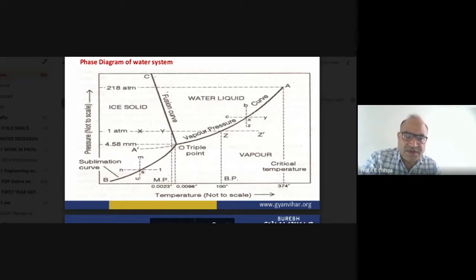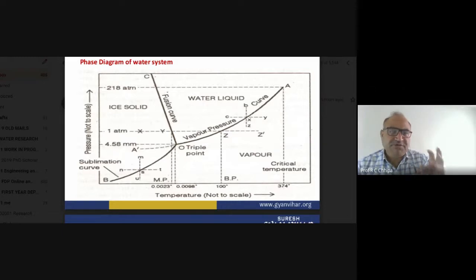All of you can see the 4.58 millimeter of mercury is the pressure, and the temperature is about 0. What about the boiling point? That is at 1 atmospheric pressure and 100 degrees centigrade, and the melting point is at 0 degree centigrade.